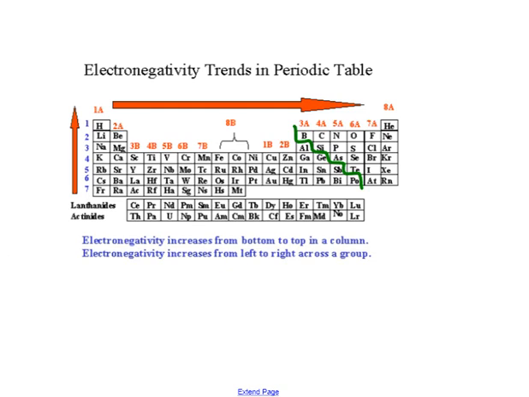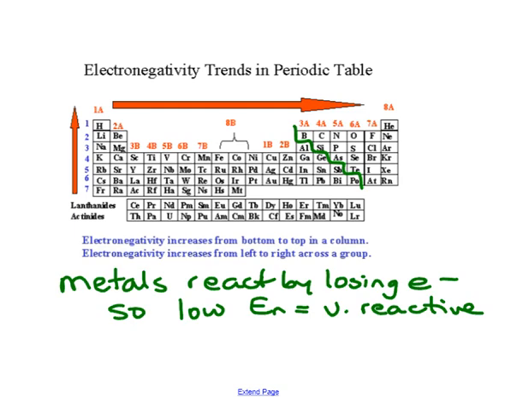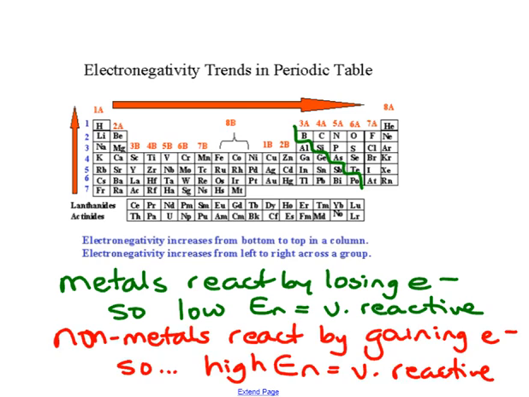Electronegativity relates to the reactivity of elements as well. Metals and nonmetals react differently. Metals react by losing electrons. So an atom with a low electronegativity will lose its electrons readily and be very reactive. Nonmetals react by gaining electrons. So in the case of a nonmetal, high electronegativity is very reactive.